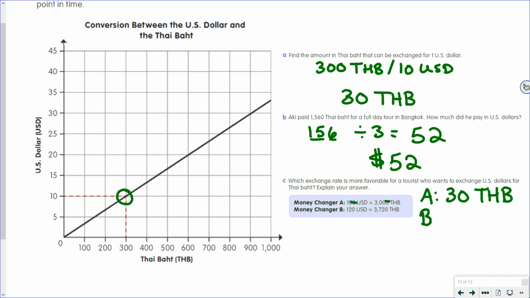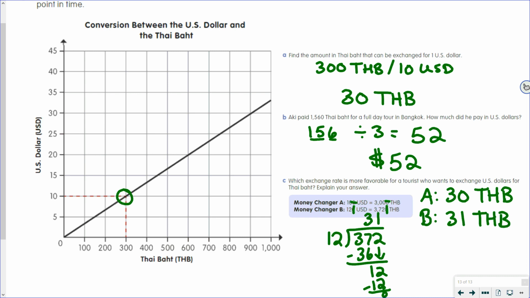And then for money changer B, again, we get rid of our zeros and we take 372 divided by 12, so that's a 3, that's 36. That's 31. So I would get 31 Thai bahts per dollar. Money changer B, because you get more Thai bahts per dollar.